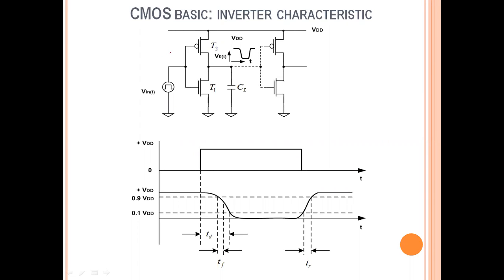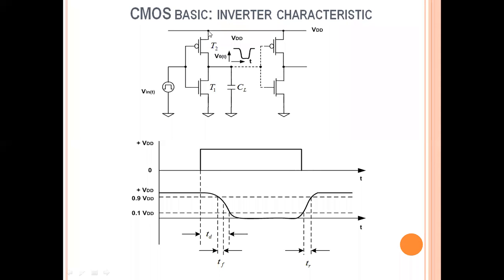Okay, again I am repeating. For a VSS to VDD input transition, CL, the load capacitor, discharges toward the VSS, right? And when the input transition is from VDD to VSS, the capacitor is charged towards the VDD.